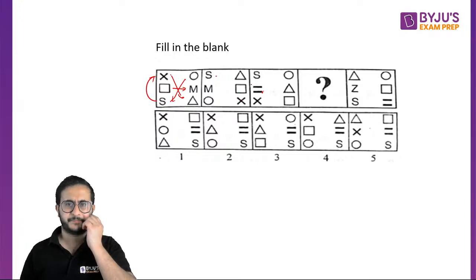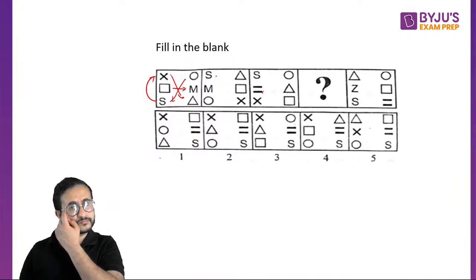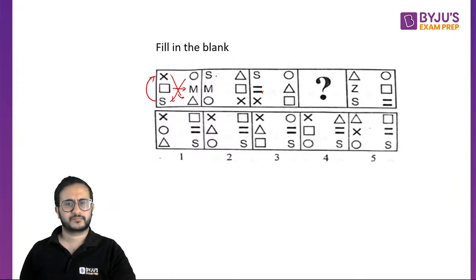First related to second, so we are not getting any sequence. I mean, whatever has happened from first to second is not happening from second to third. There is no relation between these two.